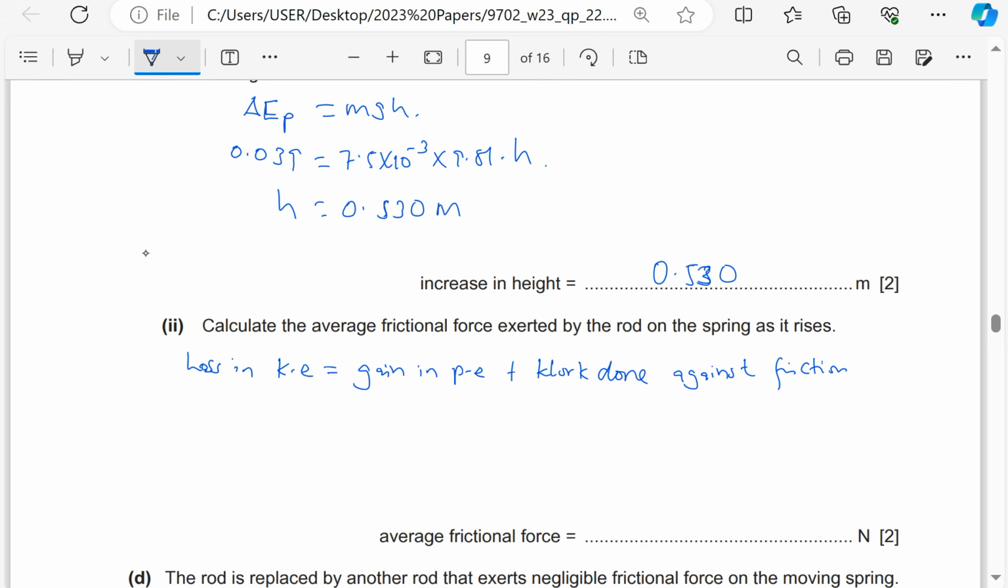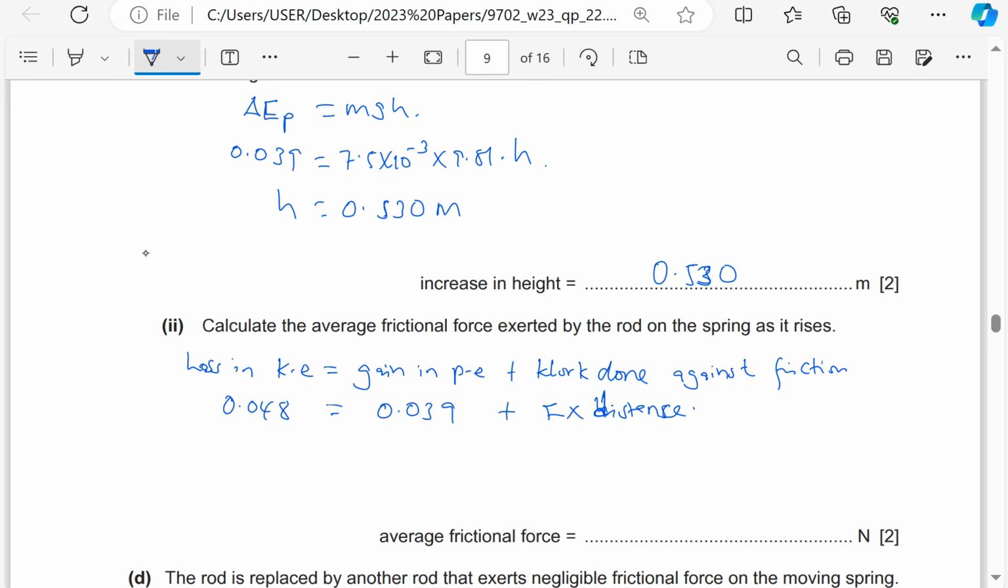So the loss in kinetic energy was 0.048. This becomes potential energy which was 0.039. And the work done against the friction is force times the distance, which is going to be the height.